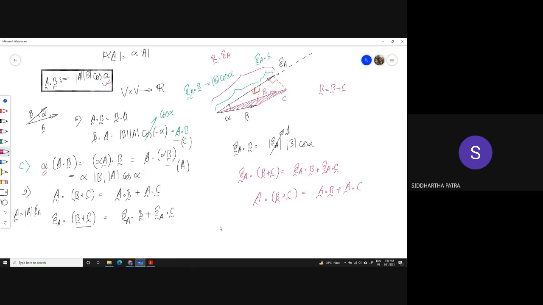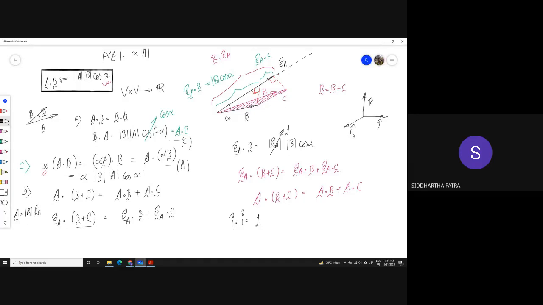Now, the next part is extremely familiar to you, which is the dot product of the unit vectors, the Cartesian unit vectors. So I dot I is 1 because the angle between I and I is 0.